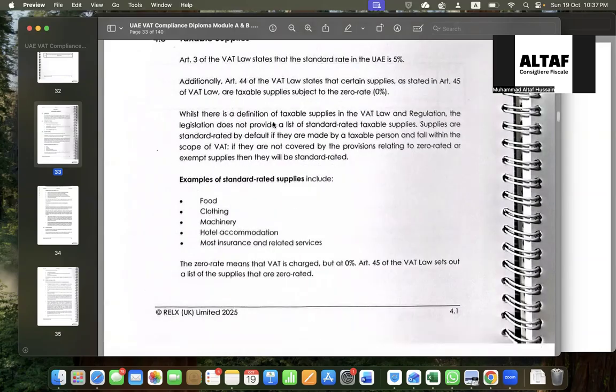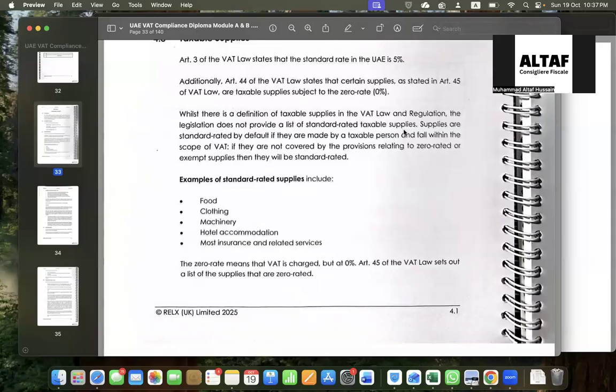Whilst there is a definition of taxable supplies in the VAT law and regulations, the legislation does not provide a list of standard rated taxable supplies. Nothing is provided stating that only these specific supplies, milk, sugar, this, that, will be zero rated or standard rated.